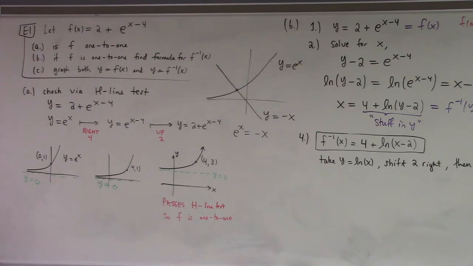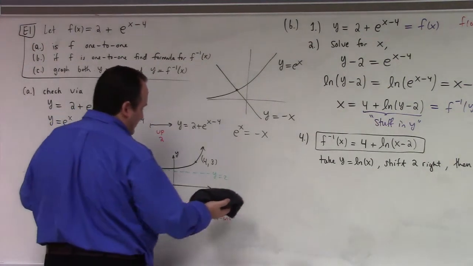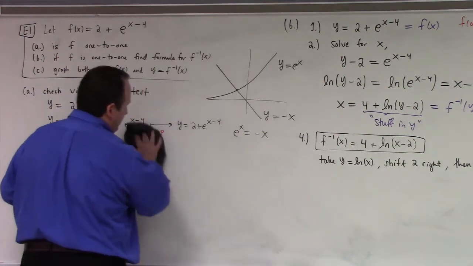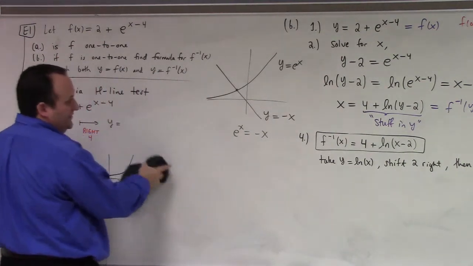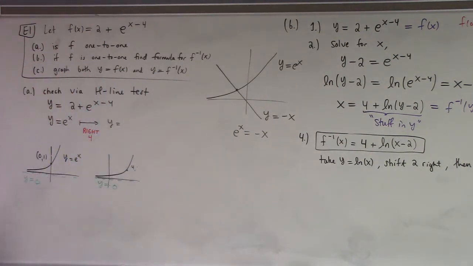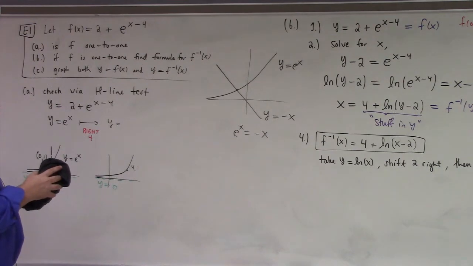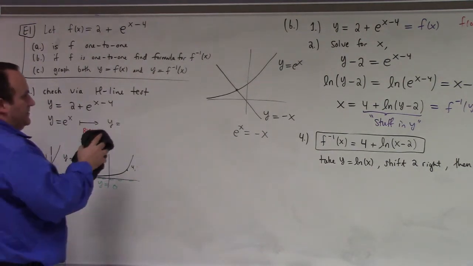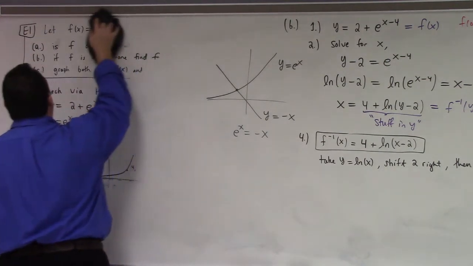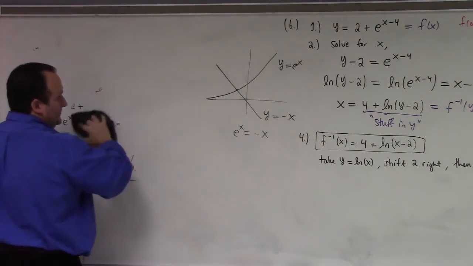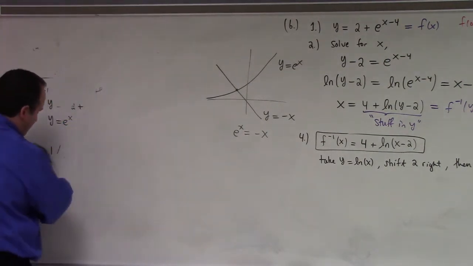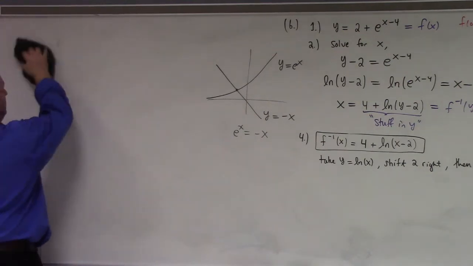See what happens if I take the natural log. Well, first of all, I can't take the natural log of that. Why can't I take the natural log of that equation? Well, I can, I guess, but I have to be careful. We can only take the natural log of a positive quantity. So when could I take the natural log of minus x?